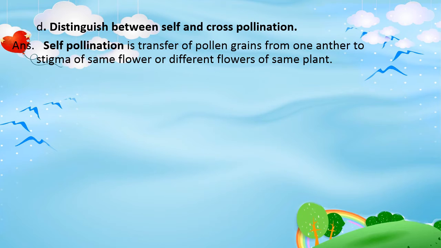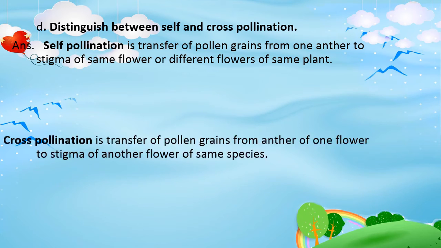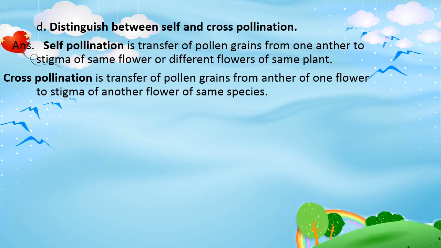So in this type of pollination, students, the plant will be the same, but pollen grains can be transferred to the stigma of the same flower or to a different flower, but the plant should be the same one. Whereas cross pollination is the transfer of pollen grains from the anther of one flower to the stigma of another flower of the same species.